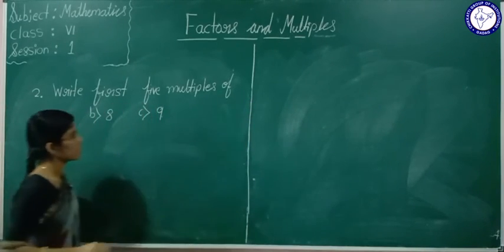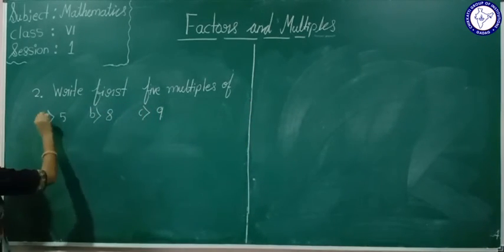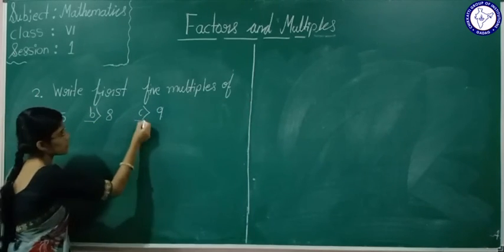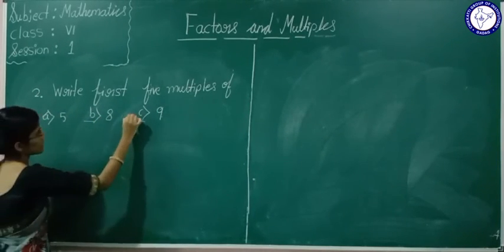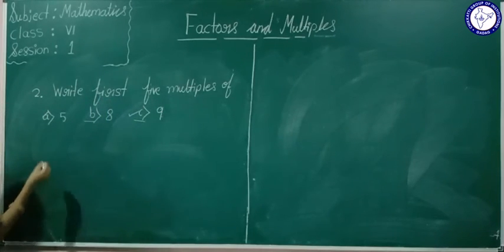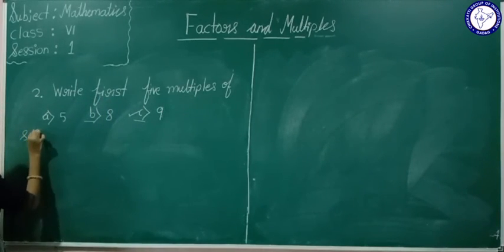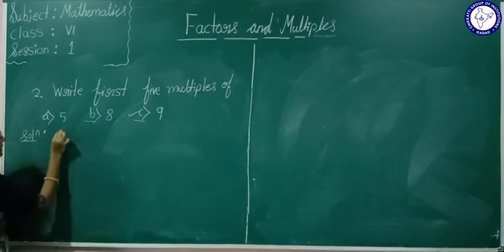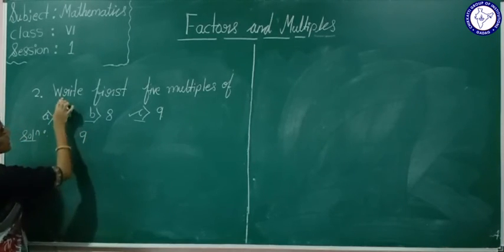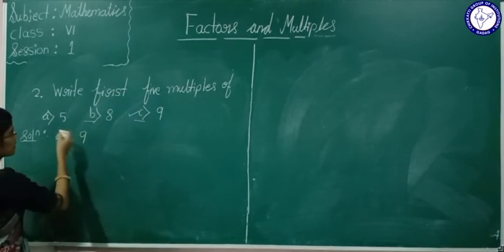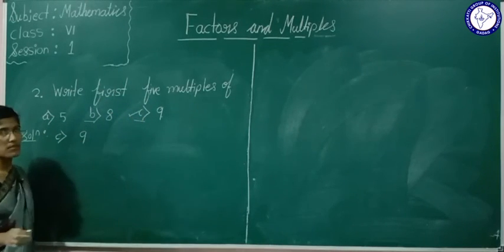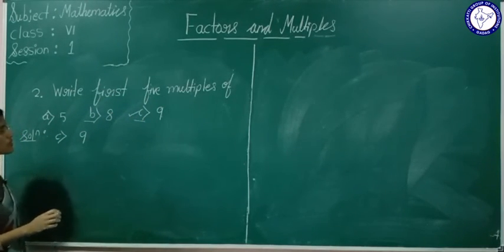I will solve only one problem here; the other two you have to do as homework. Better I will solve C. Okay, see a solution. C: what did they tell? Write the first 5 multiples of 9.